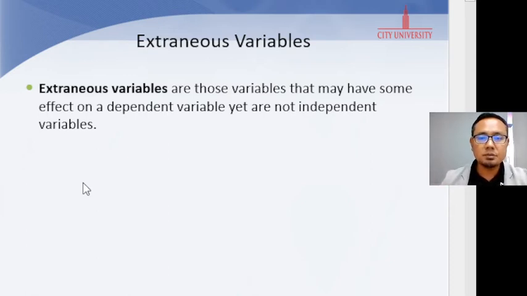Okay, that's extraneous variable. So maybe the independent variable does not affect the dependent variable directly, but if there are extraneous variables, you can see both independent and extraneous variables can affect the dependent variable a lot.